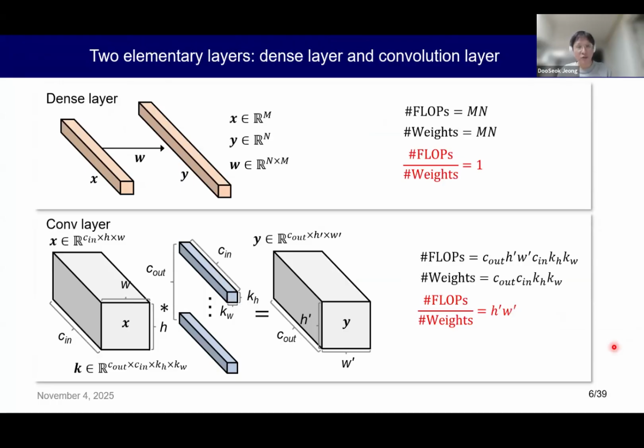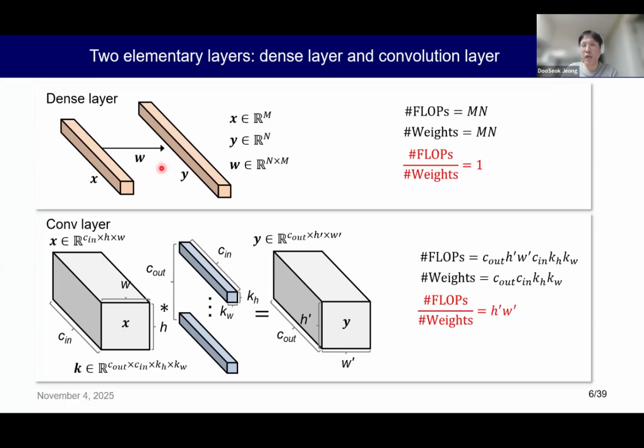In your network, it looks pretty complicated, but you can basically classify two different types of layers. The first is the dense layer, which is a linear layer, or fully connected layer. If you forget about batch, you can think of the input as a vector. Let's say you have M nodes, so the dimension of input X is M. And let's say you have N nodes in the output layer.